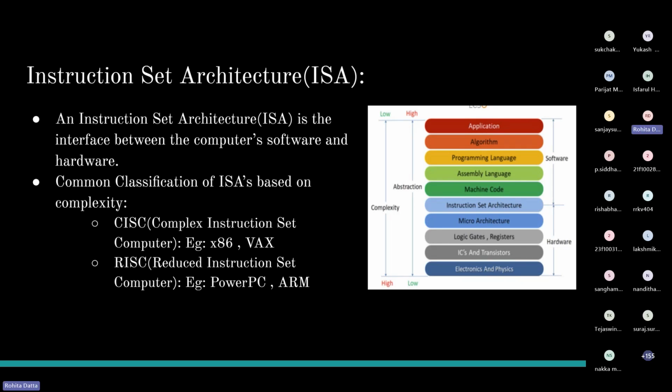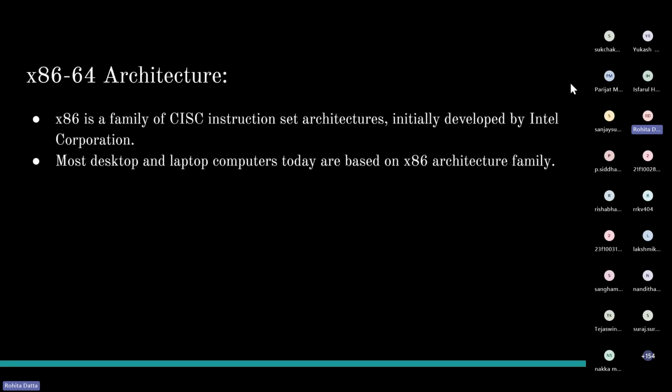For reduced instruction sets, every instruction has a fixed length. It's a lot easier and faster to decode these, but you end up using a greater number of instructions. They both have their own uses. The ones we use in everyday life, all of your laptops, are based on x86 architecture. So that's the complex instruction set family.